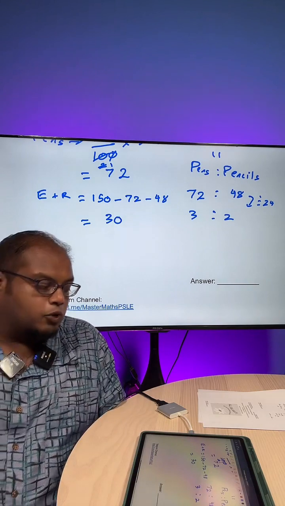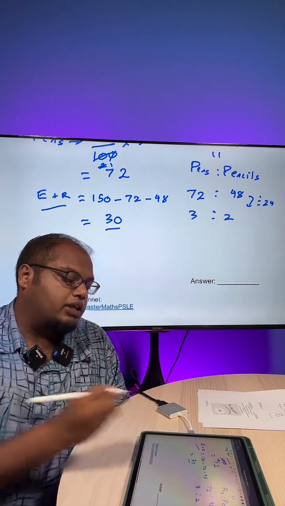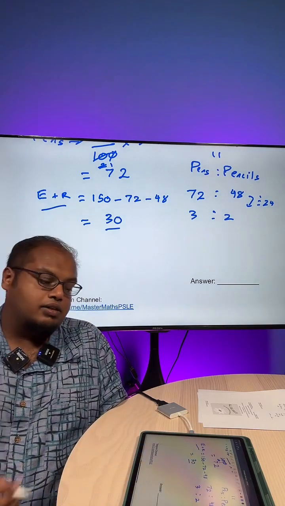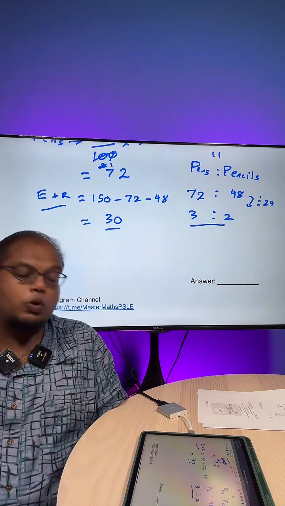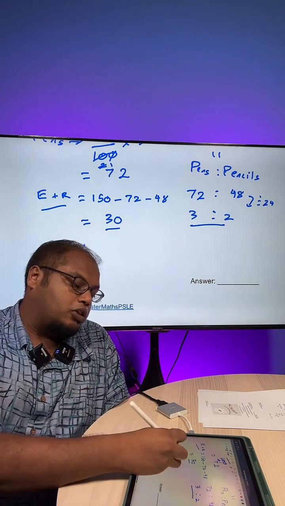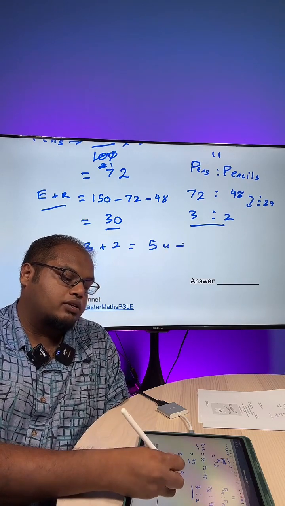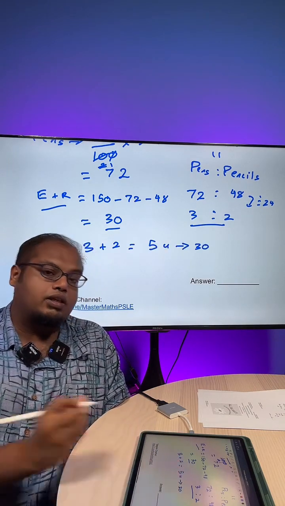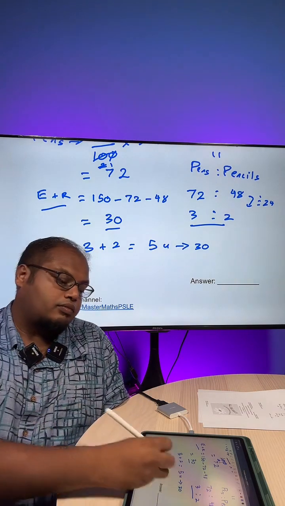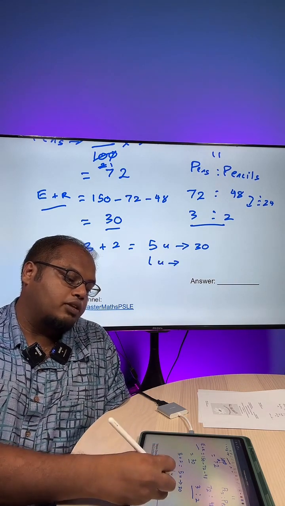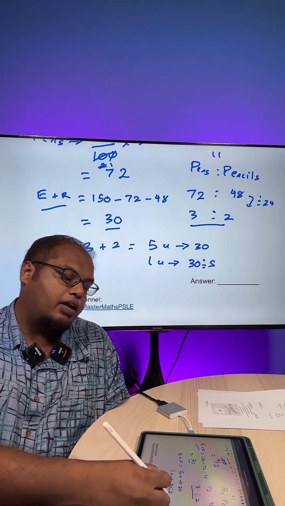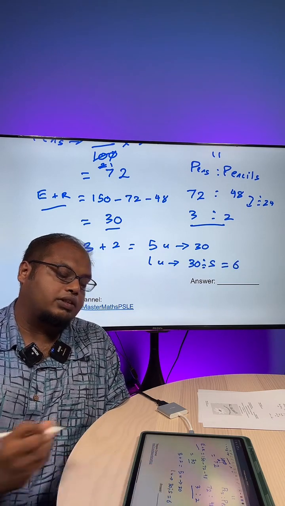This is the total of erasers and rulers, the total ratio. So 3 plus 2 is 5 units. 5 units is 30, so 1 unit will be 30 divided by 5, which equals 6.